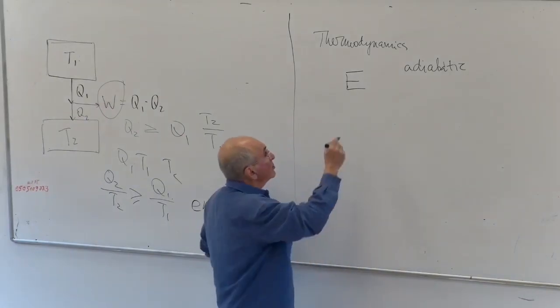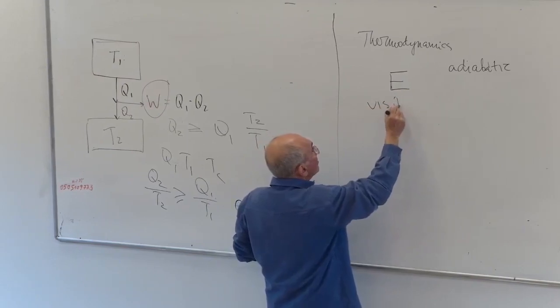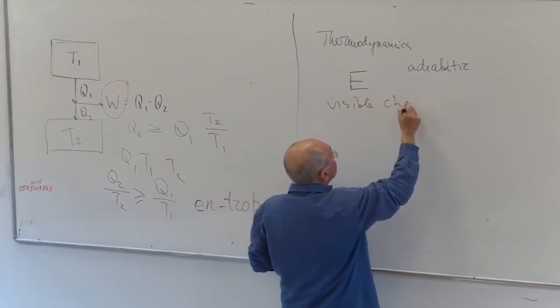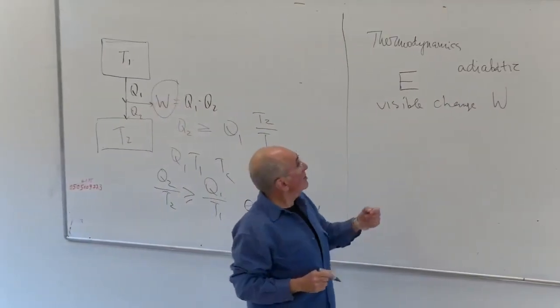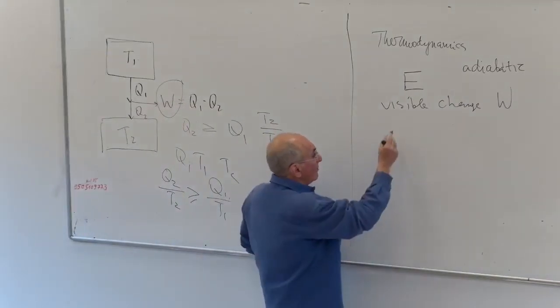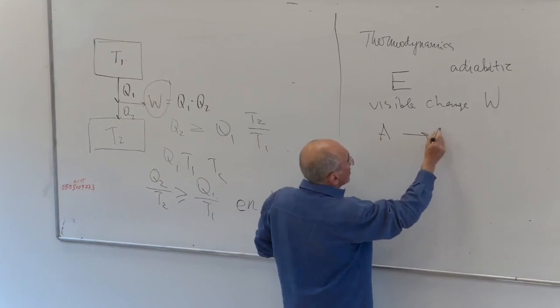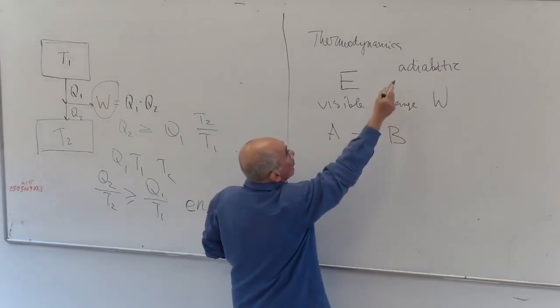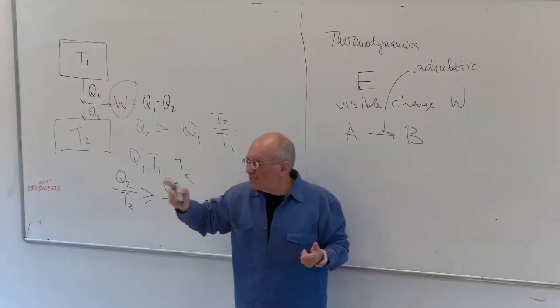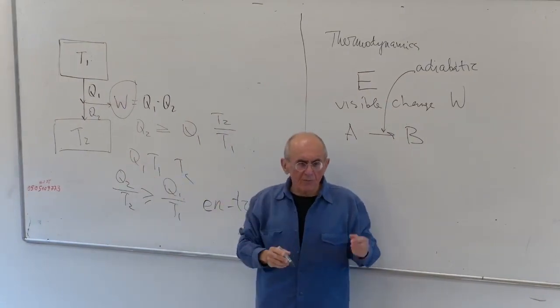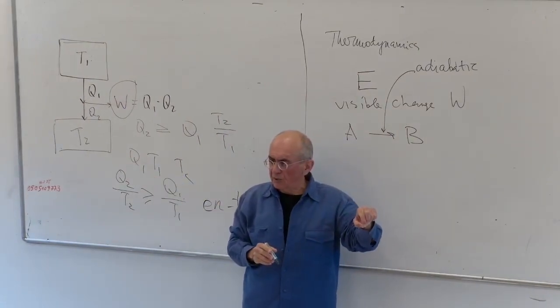These visible changes are called work. Okay? That means that for a given system, if it's in a state A, it can pass to a state B, and we can always find an adiabatic process. Namely, we can really characterize all states of our system, by the energy ascribed to the state.